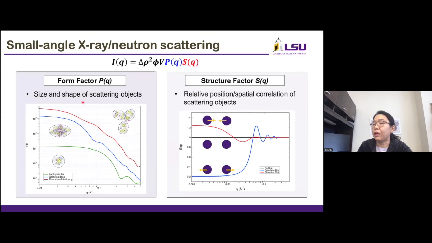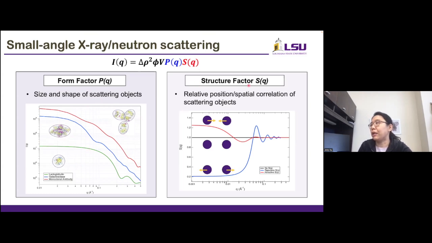P of Q is what we know as the form factor. It is related to the size and shape of the scattering objects. So if you have a different size or shape of the protein molecules, you will end up with a different look of the scattering profile.